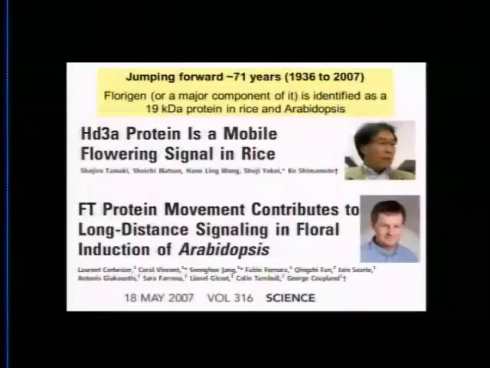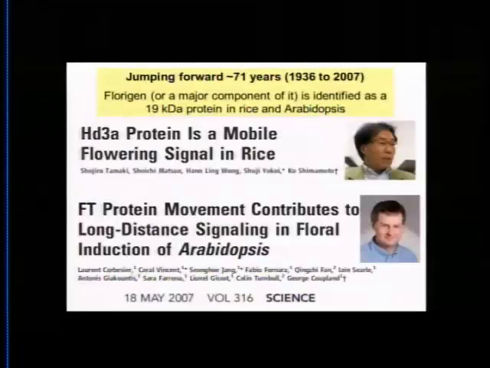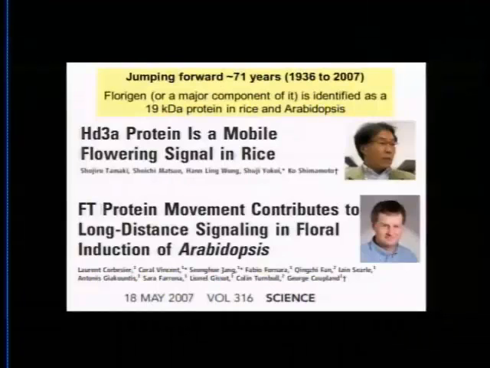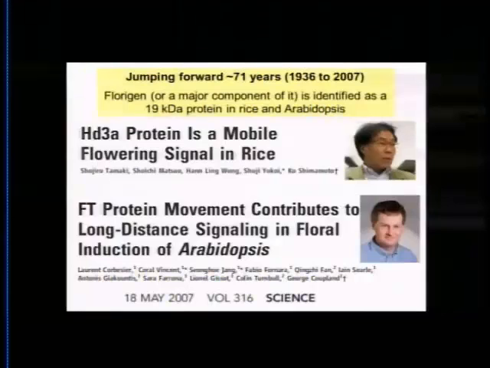What they discovered was that the protein encoded by heading date 3A in rice and the protein encoded by the flowering locus T gene in Arabidopsis were the actual Florigen compound. And instead of being the small hormone-like molecule that everybody thought they would be, Florigen turned out to be a 19 kilodalton protein.